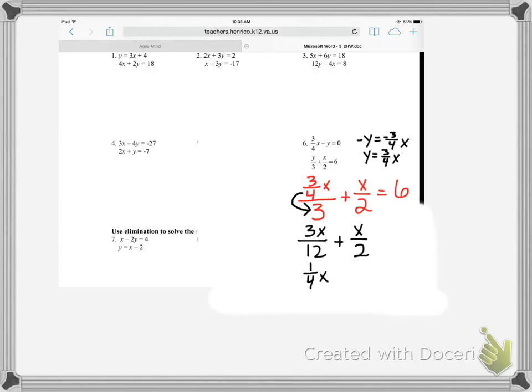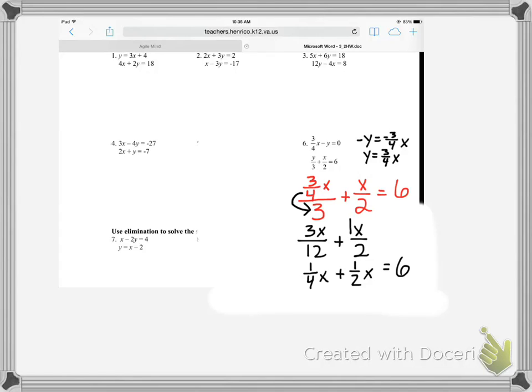So this is the same thing as 1/4 x. Note the x is to the side; the x is not next to the 4. Plus, this is just the same thing as 1/2 x. Because remember, there's still a 1 here. Even though I don't see it, since there's an x, there's still a 1 there. That's all equal to 6. So then 3/4 x equals 6.